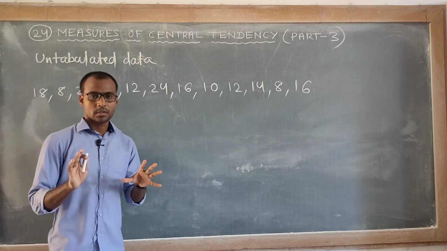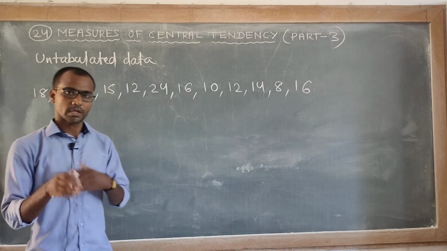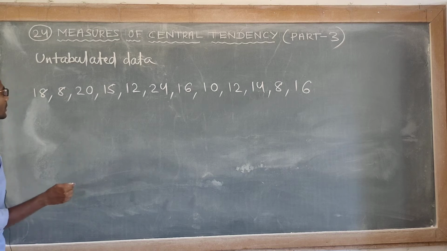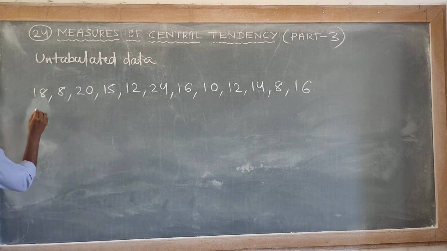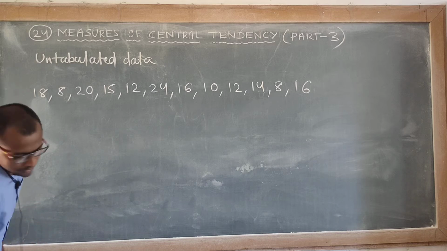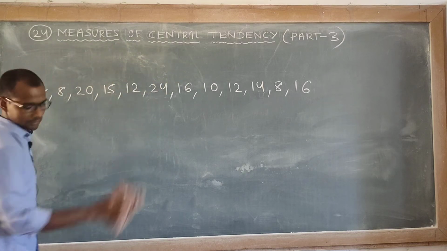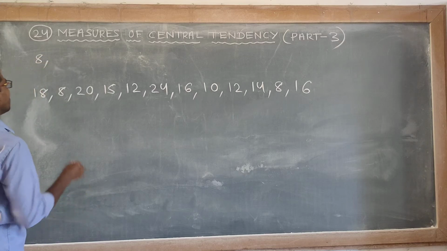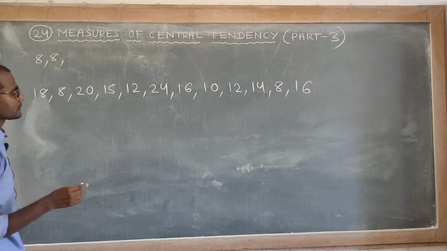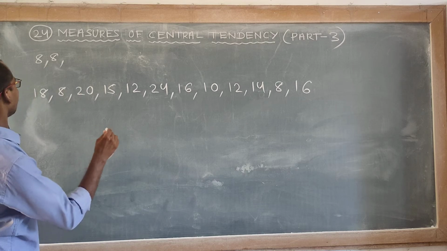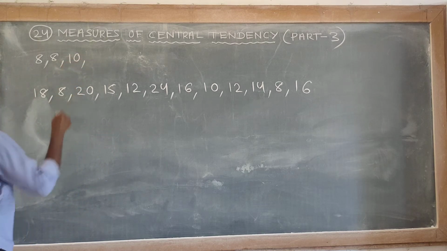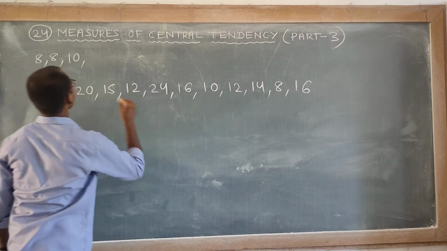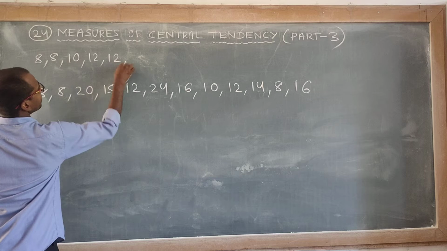My first work is to arrange this data in ascending order. First we will have 8, 8, 10, 12 two times, 12, 12.